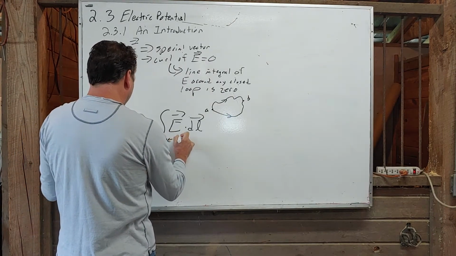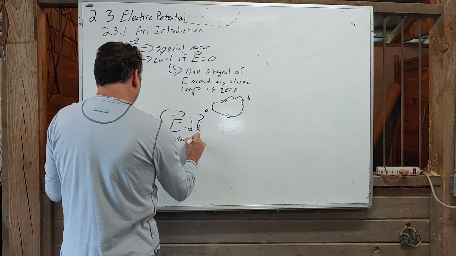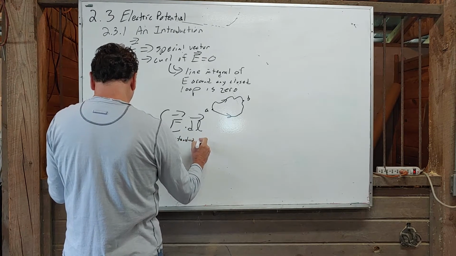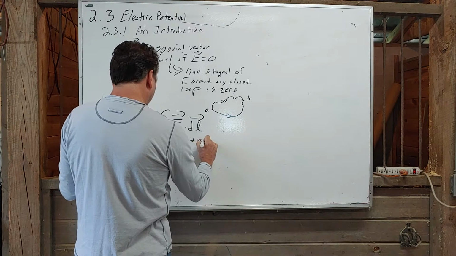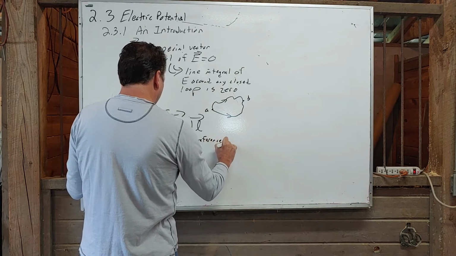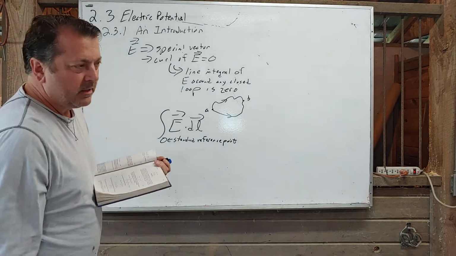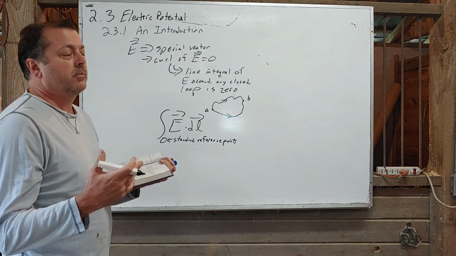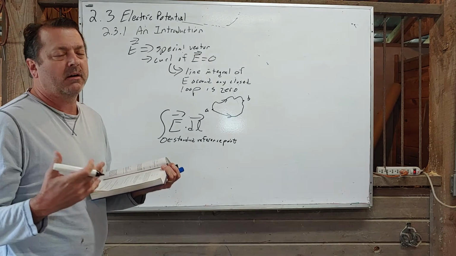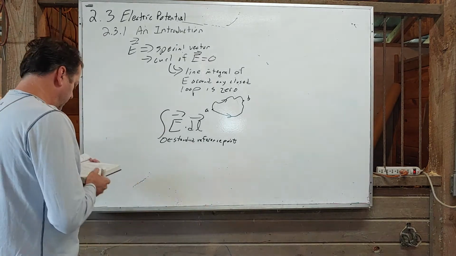Basically, we're just going to call it some standard reference point. And when we get to electric potentials, I'll explain how that's going to be what we normally think of as zero, but that's further down the line.